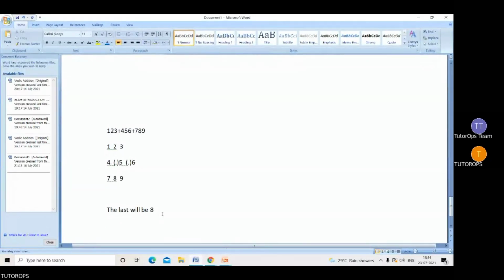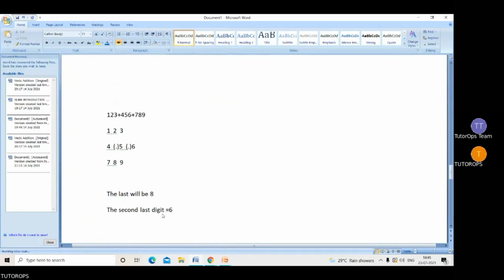So the middle digit will be, or the second last digit will be, basically I am taking the tens place of the final result. I am just mentioning it as the second last digit. Okay. The second last digit will be 1 plus 8, that is 9, plus 5, 14 and 6.